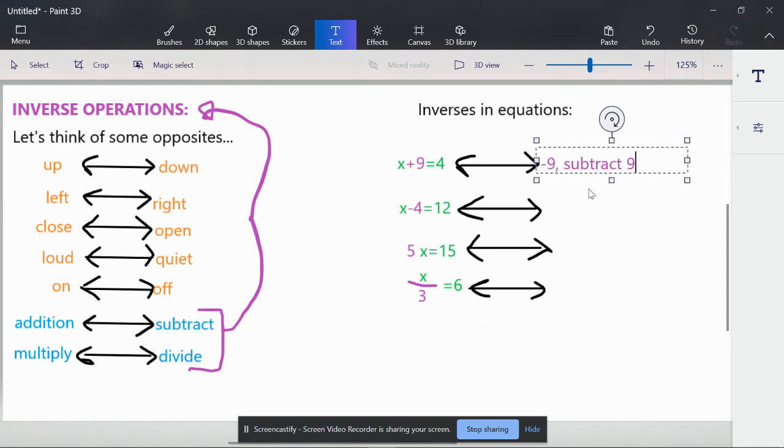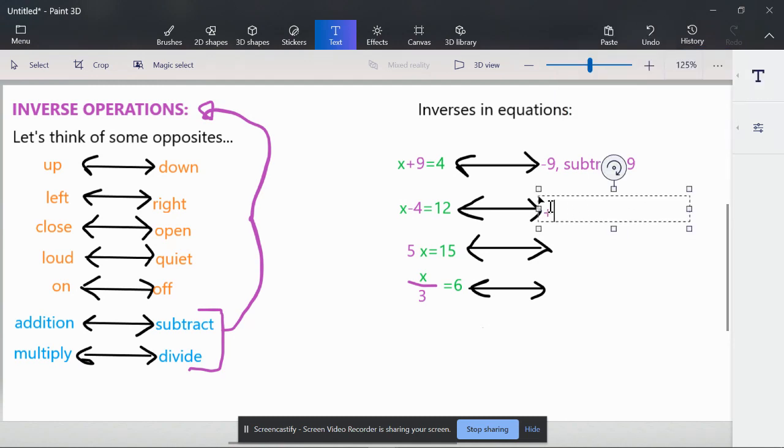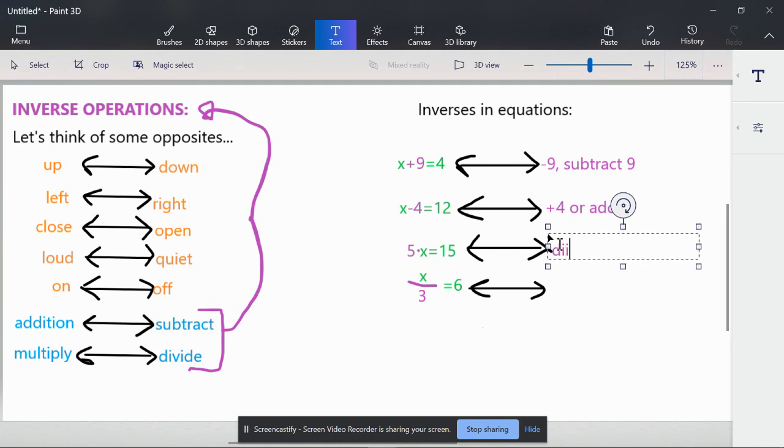In the next equation, we have x minus 4 equals 12. So the opposite of this x minus 4, instead, we do plus 4 or add 4. And then here, remember we have our number and our variable or a letter right next to each other. The operation that's happening is multiplication. So instead of multiply by 5 here, we have to divide by 5.